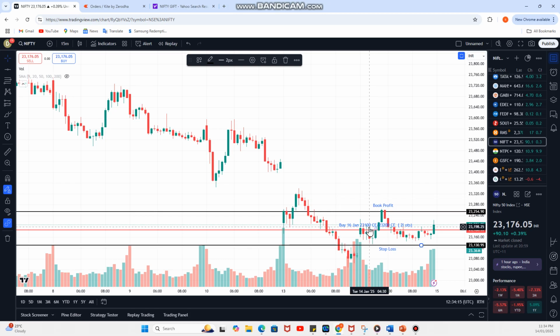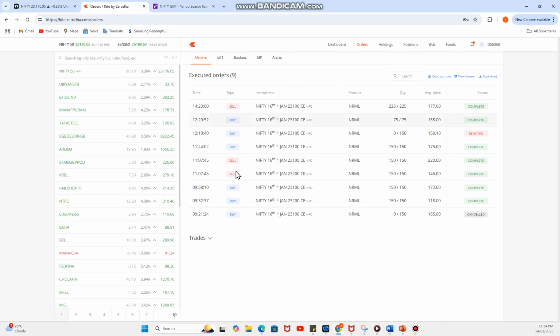So today I have used two trades, and probably I'll show you both the trades that I executed. One trade was executed with a limit order, and I placed the order at 9:30 because I'm pretty sure today the market is going to be bullish. So I placed an order a bit early rather than waiting till 9:45.